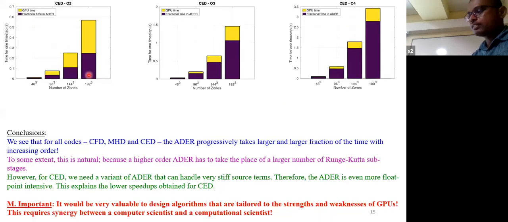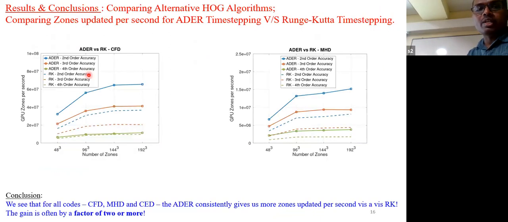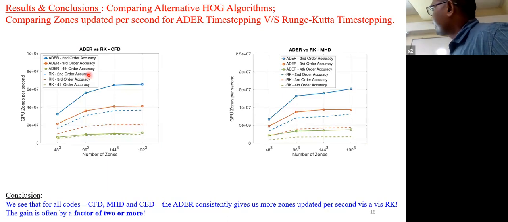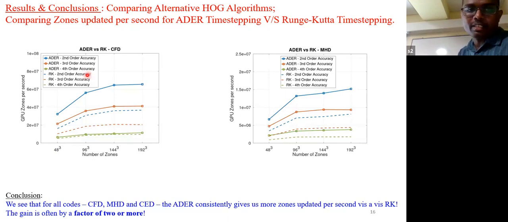So far I discussed the limitations of the ADER scheme. Now let us look into how much Runge-Kutta can improve the situation in this scenario. So these are the speedups. Here I have provided the number of zones per second for the ADER scheme and the Runge-Kutta scheme.